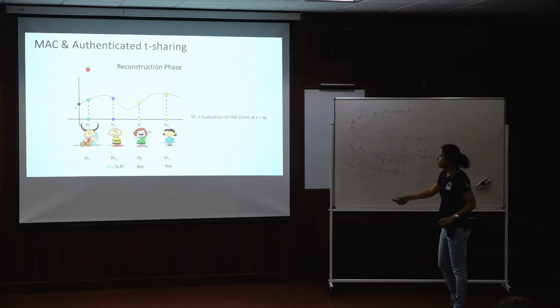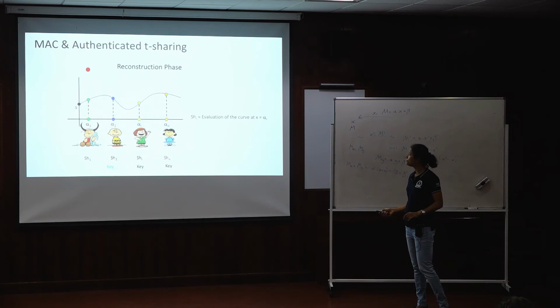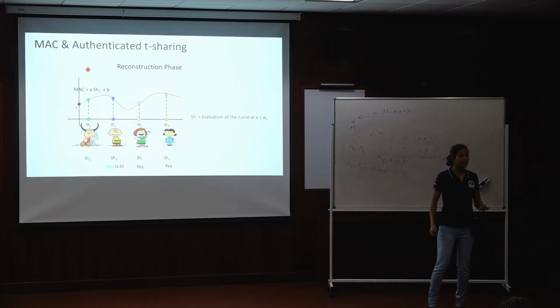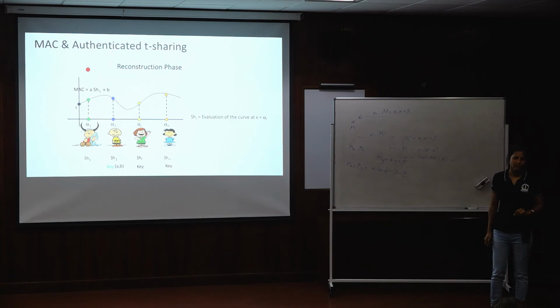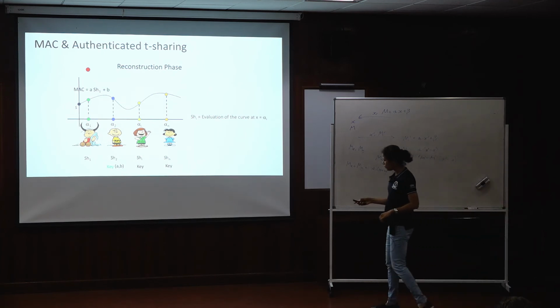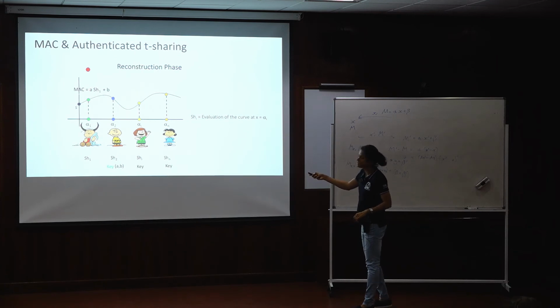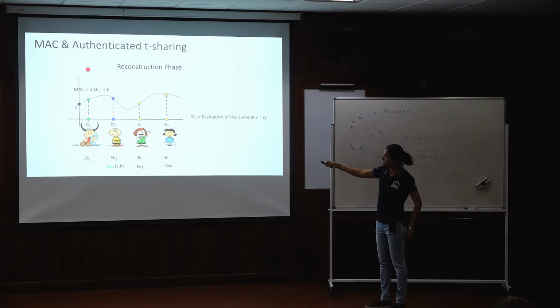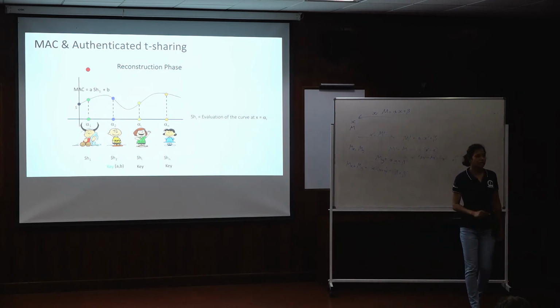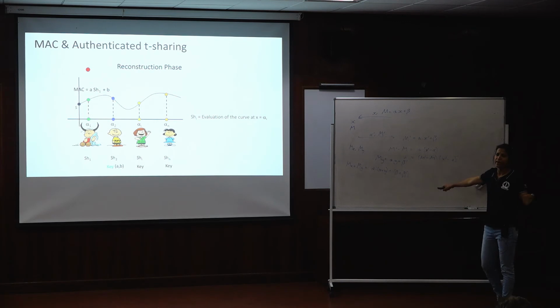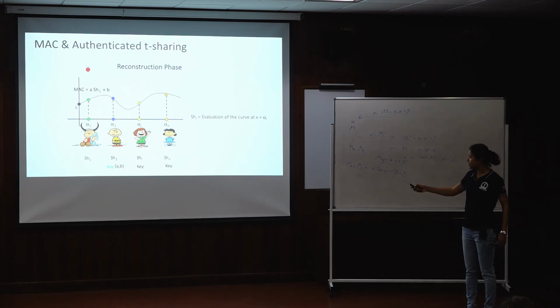And the MAC is nothing but the evaluation of the straight line at the shared point. I'm trying to build a MAC for the first share, share 1. So the MAC is nothing but the straight line evaluated at share 1. That's it. Unforgeability holds because of the proof that he has explained. With 1 by F probability, everything will be fine. That is, this party will not be able to cheat.